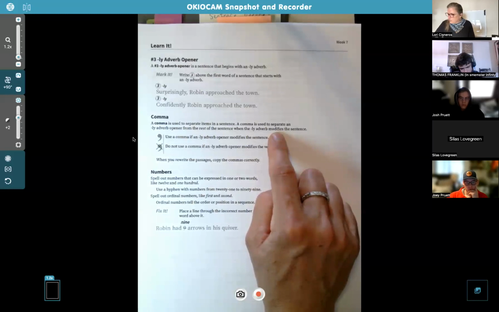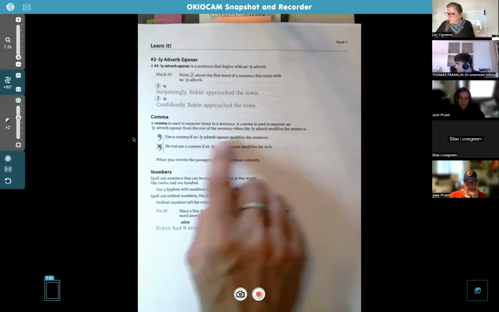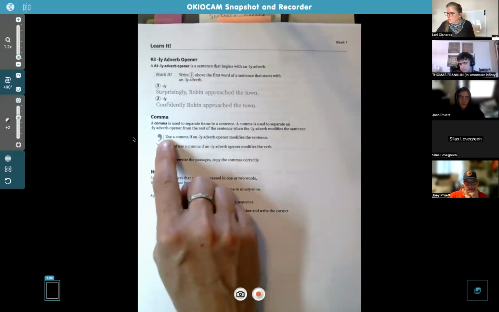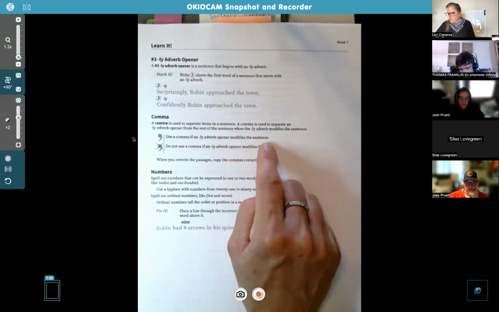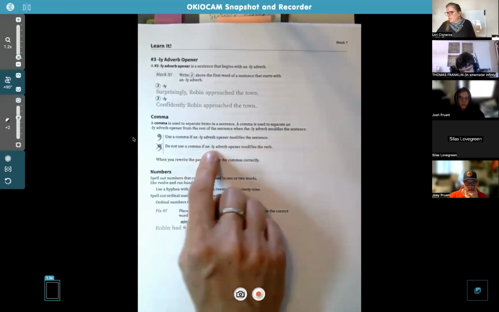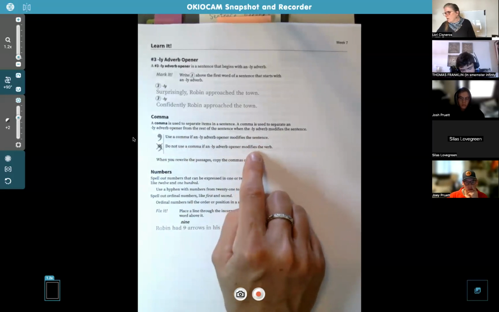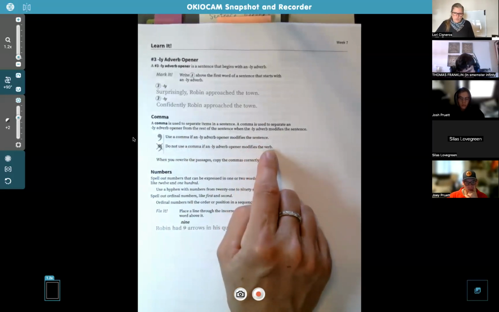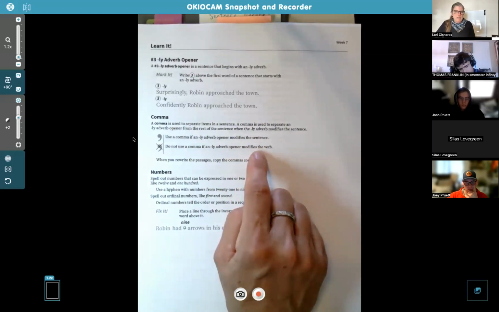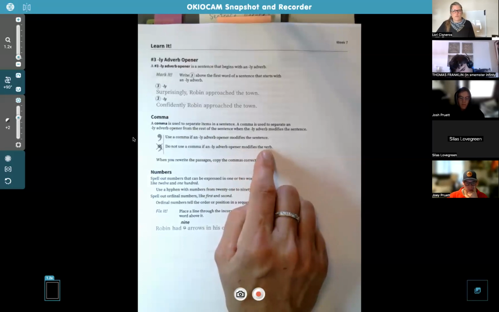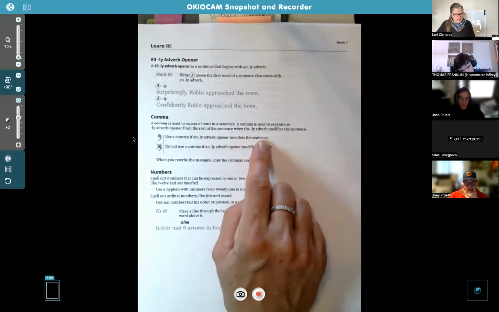If it does not change the sentence, no comma. Okay, so here's your 2 comma rules. Use a comma if the ly adverb opener modifies the sentence. Do not use a comma if the ly adverb opener modifies the verb only. Modifies means changing, like changing the meaning, right? So if it changes the meaning of the verb, do not use a comma. If it changes the meaning of the sentence as a whole, you do use a comma.